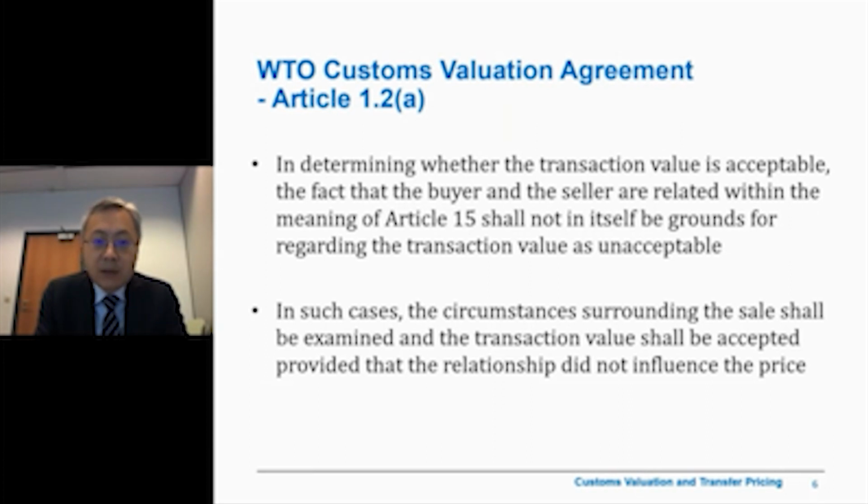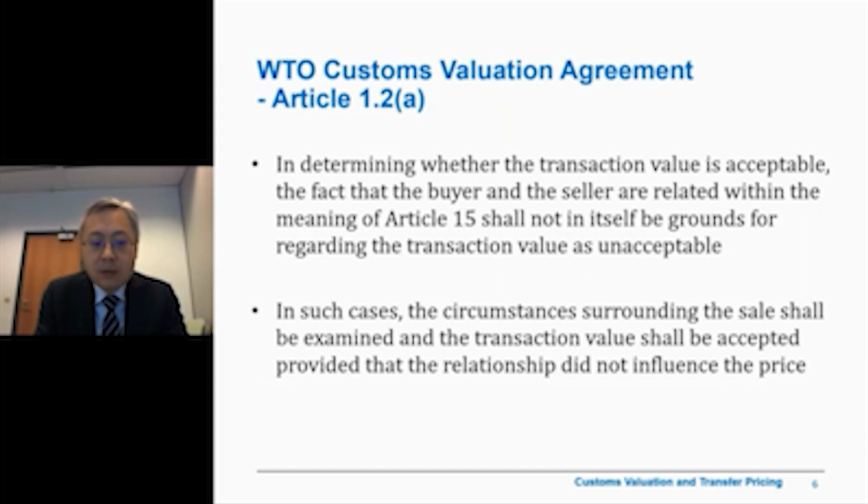The transaction value is subject to four conditions. And one of the conditions is that the buyer and the seller are not related, or where the buyer and the seller are related, the relationship does not actually influence the price.